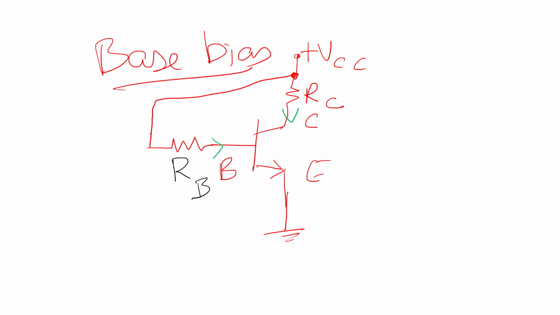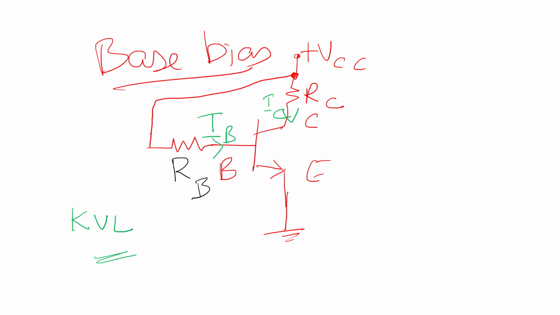The current flowing in the base terminal is called base current. The current flowing in the collector terminal is called collector current. Now, using Kirchhoff's voltage law, it is possible for us to frame some equations, put those equations into the circuit, and try to find the value of IB, IC, RB or RC. You can design the value of the resistors yourself by applying KVL to the circuit.